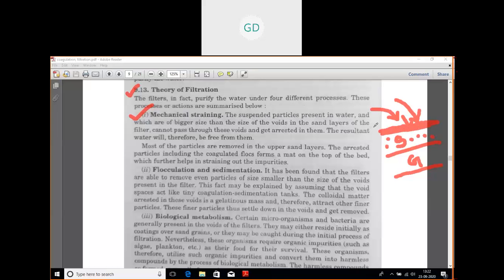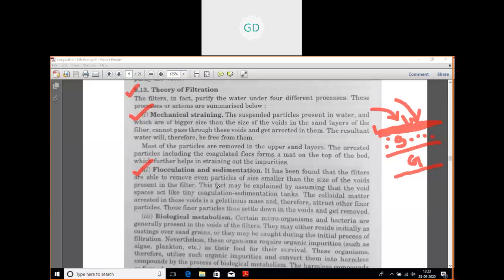And this layer that has been strained in the upper layers of the sand can be removed by mechanical straining. Clear? Next is flocculation and sedimentation.